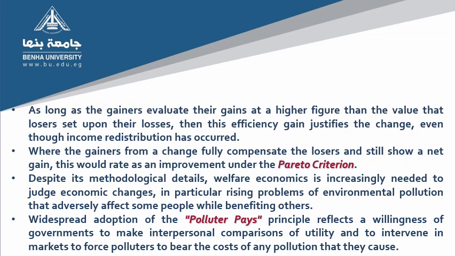As long as the gainers evaluate their gains at a higher figure than the value that losers set upon their losses, then this efficiency gain justifies the change even though income redistribution has occurred. Where the gainers from a change fully compensate the losers and still show a net gain, this would rate as an improvement under the Pareto criterion.